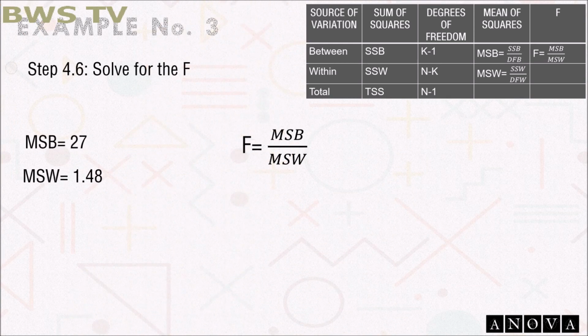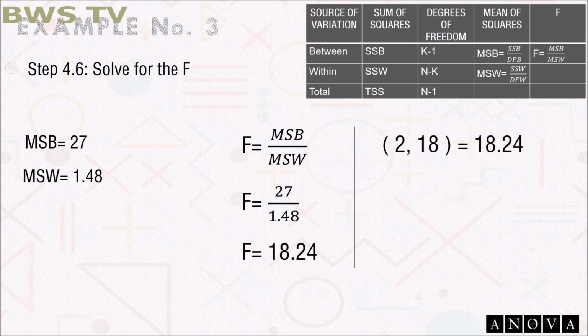And lastly, in the last column, we have to solve for F, which is MSB over MSW. Substitute it, you'll get 27 over 1.48, and the answer 18.24. which will be written in the table as 2, 18 equals 18.24, where 2 is your DFB and 18 is your DFW.